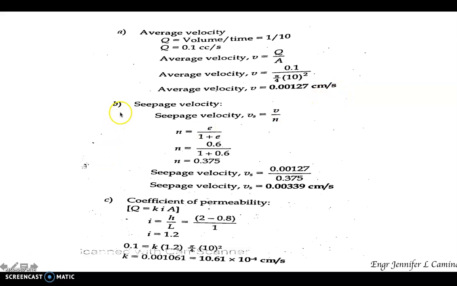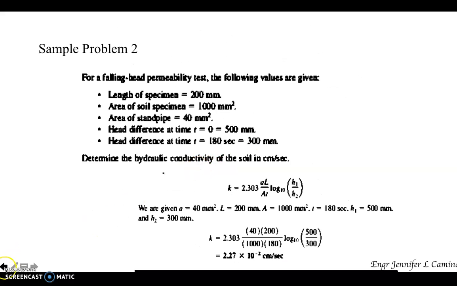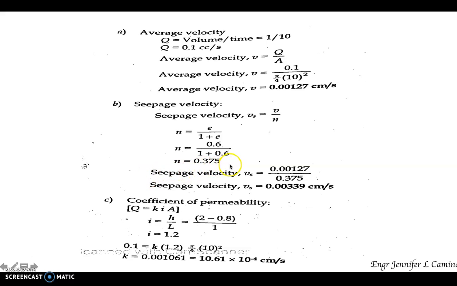The second one is to solve for the seepage velocity. We know that seepage velocity is equal to the discharge velocity over n, which is our porosity. Since we are not given n, we are only given e, the void ratio, we can use the relationship between porosity and void ratio using this equation. We substitute the value for the void ratio, and simplifying, we have 0.375.